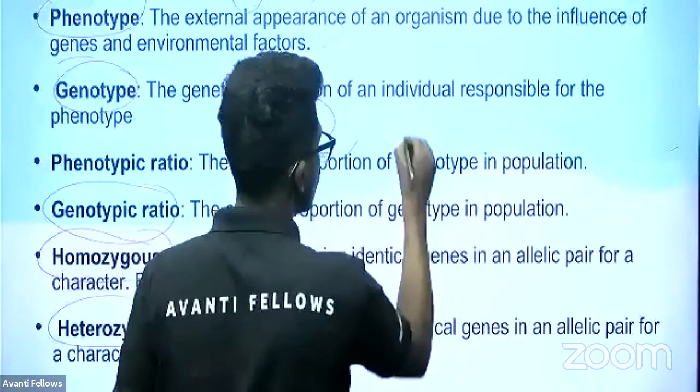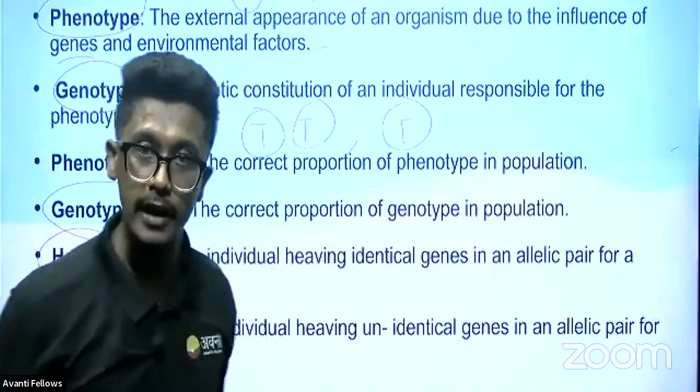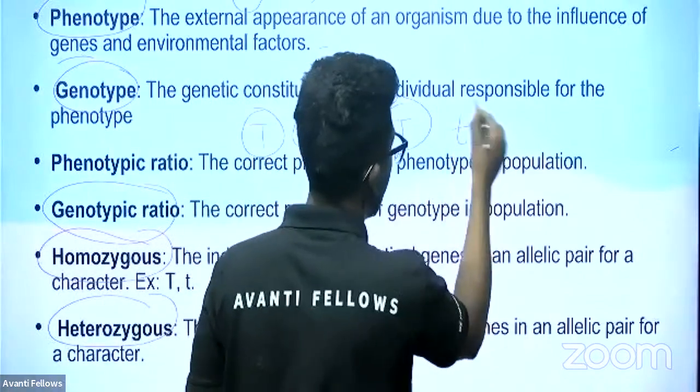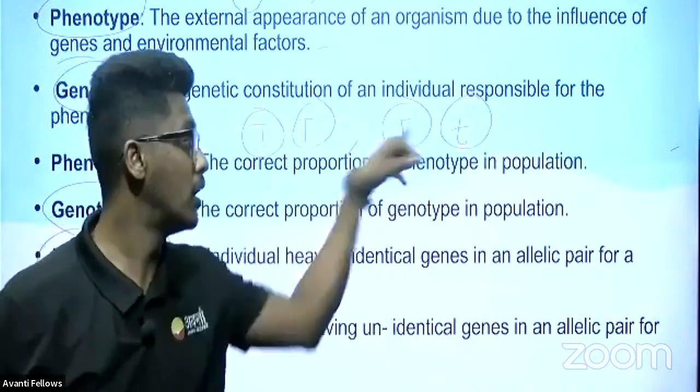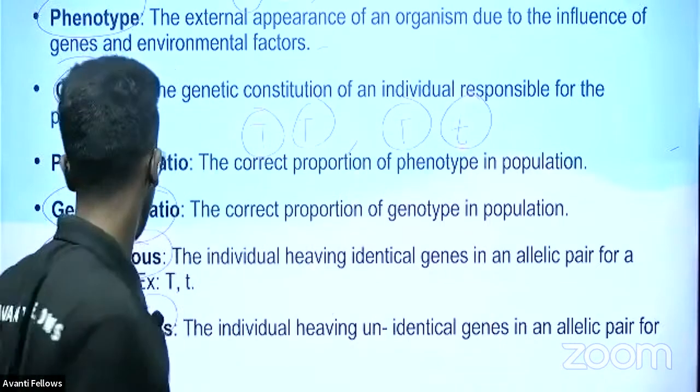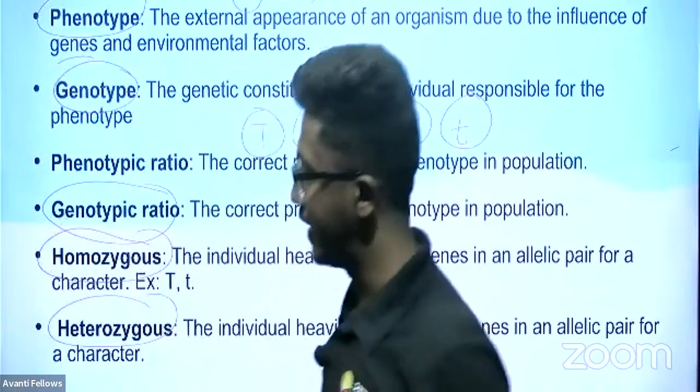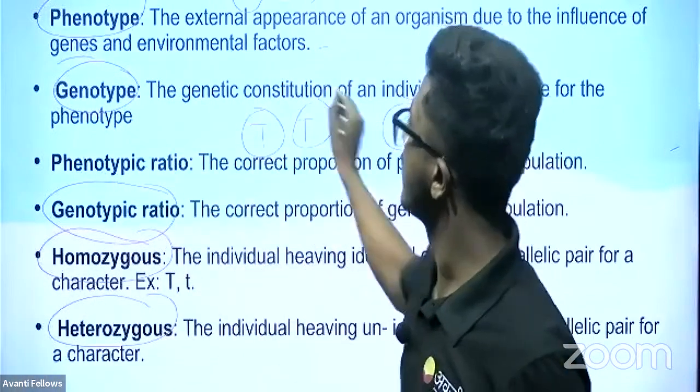Let's say another example. If I have capital T on one chromosome and a different allele, small t, on the other, then it is called heterozygous. So whenever the same alleles are there, it is called the homozygous condition.